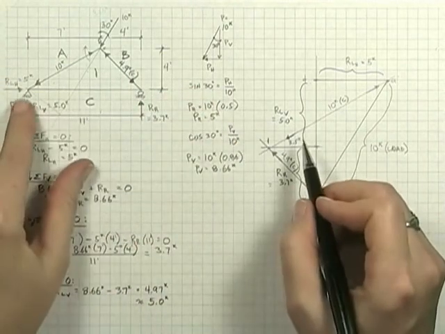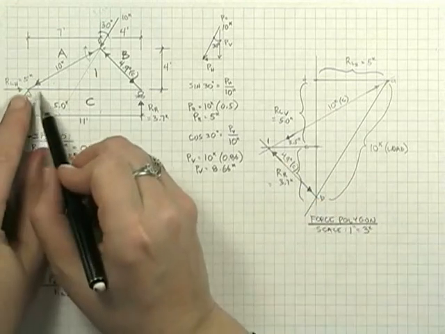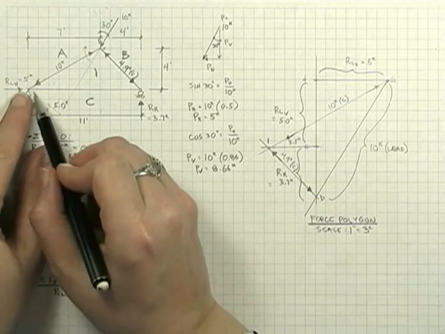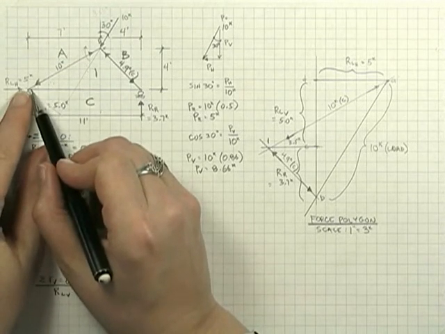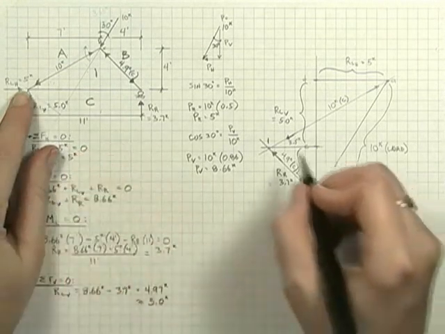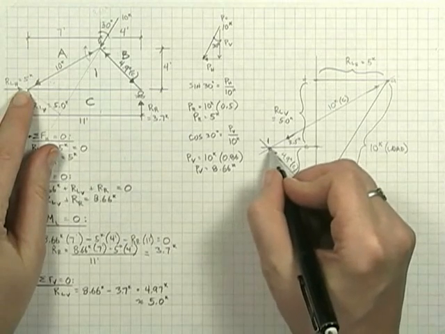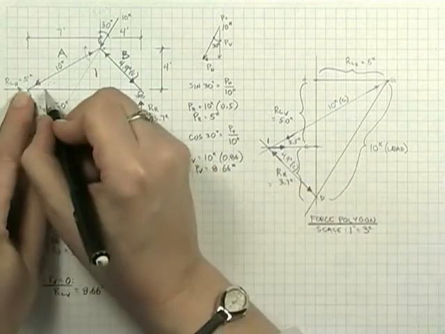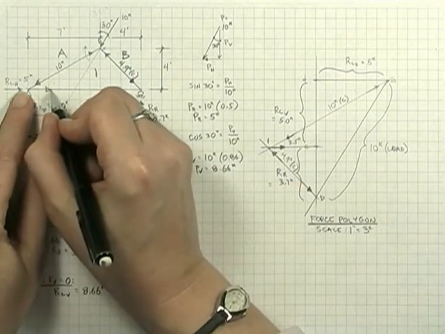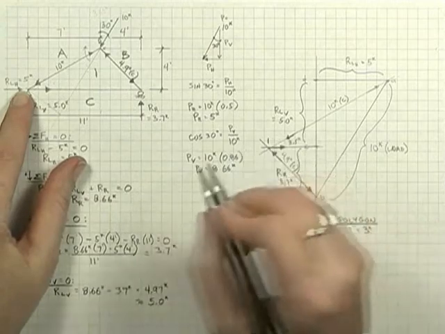And lastly, we go back to the left-hand joint. 1C would be the name of the member with respect to that joint. We go from 1 to C, we're moving away from the joint. If we move away, we're pulling, meaning that this has to be a tensile force.